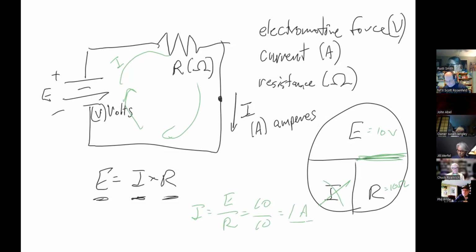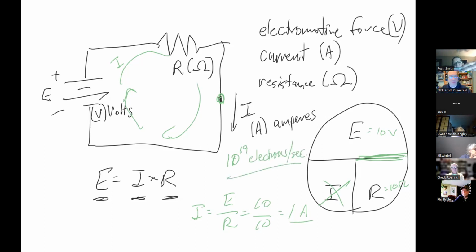So, does anybody know how many electrons flowing in 1 second an amp is? It's a lot. 1 amp is about 10 to the 19th power electrons per second.